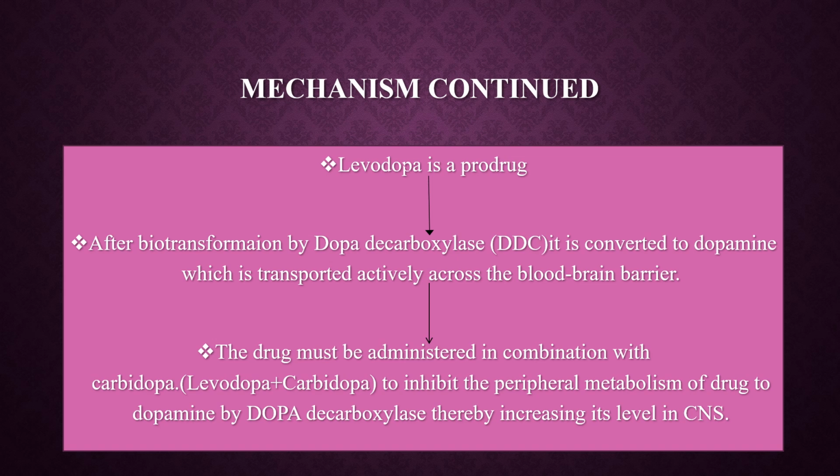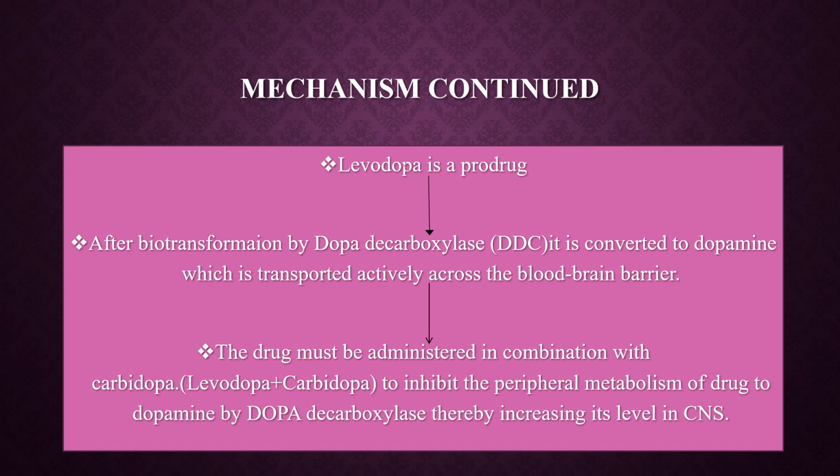Thereby, it increases the drug concentration in the central nervous system. In the central nervous system, that is in the substantia nigra, it is converted into dopamine. Thereby you are increasing the level of dopamine in the central nervous system.